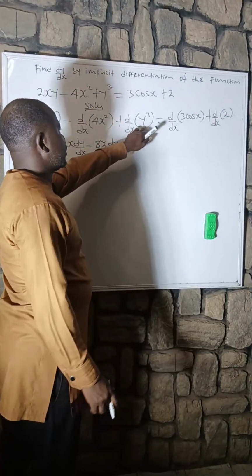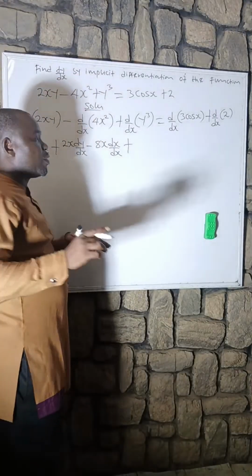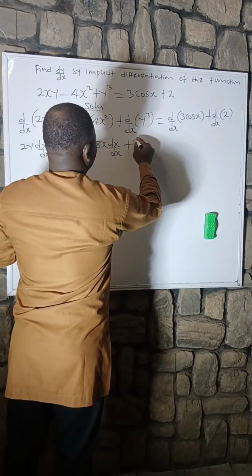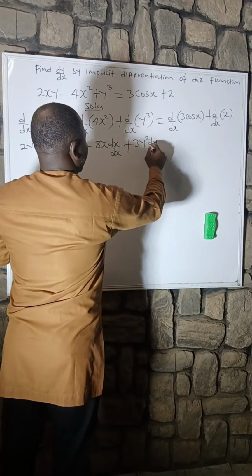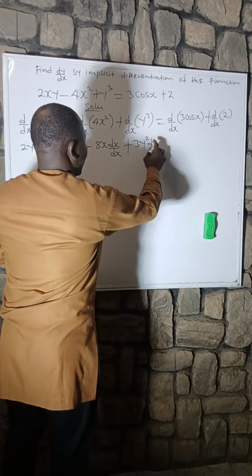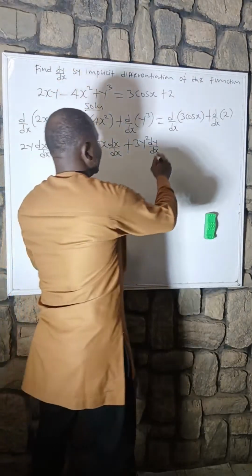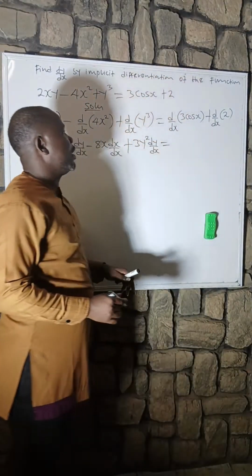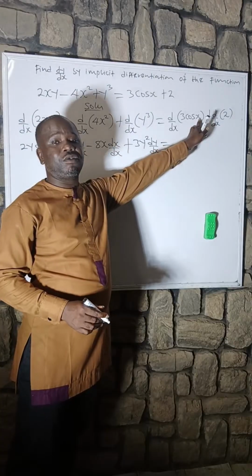So if you differentiate y raised to power 3, we are going to have 3y squared, multiplied by 3y squared, the y. This means we differentiated for y. That is why you are saying the y all over the x. Then here equals to, we have one function, 3 cos x, true or false?